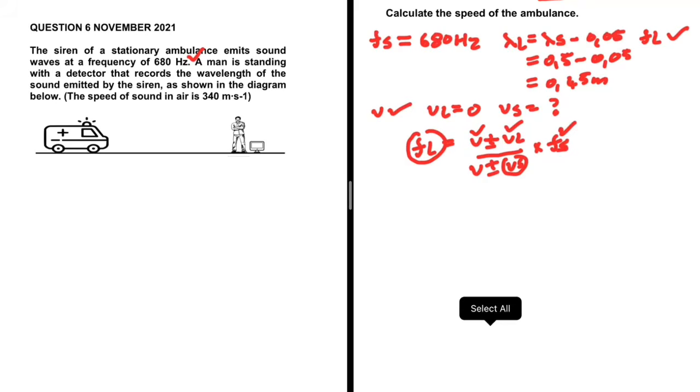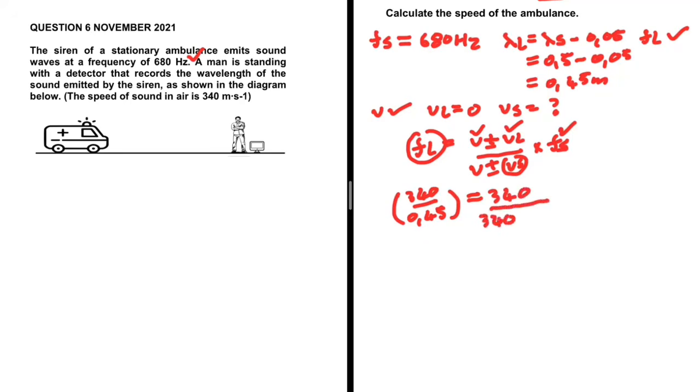So we can substitute that in place of FL: 340 divided by 0.45 is equal to the speed of sound in air, not the velocity, we talk about speed in the Doppler effect, so 340, the listener is stationary, so plus or minus 0 is not going to change anything, divided by 340.